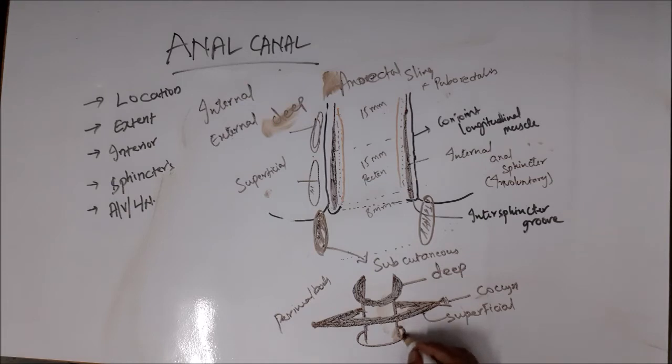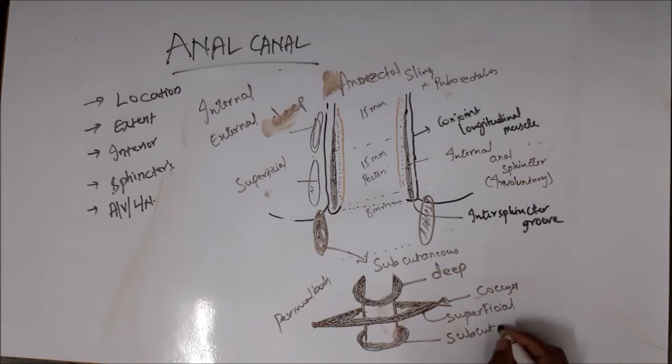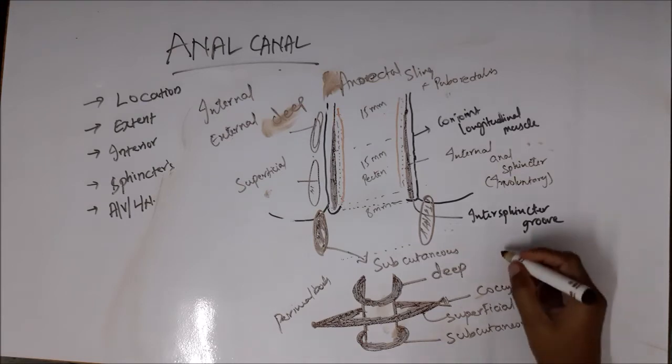Then comes the subcutaneous part, which is again having no bony attachment. So what is the shape of this? This is also circular. So this is the subcutaneous part of the external anal sphincter. So the external anal sphincter is voluntary.